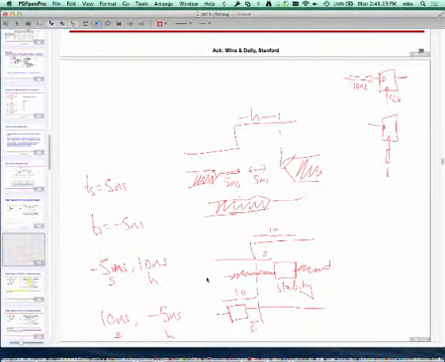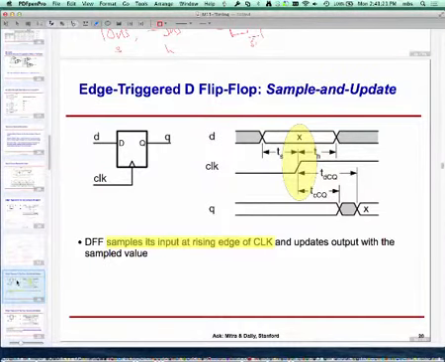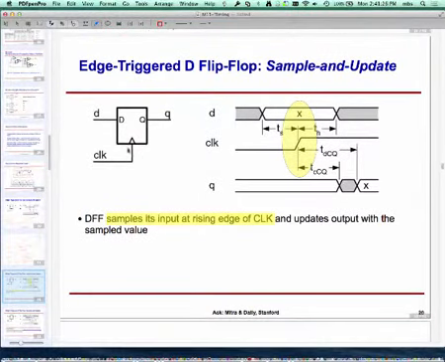Okay, so moving back to our time story then. So we have our flip-flop, and given the setup and hold time, and for now in this picture, setup and hold time are both positive. So what you really have is a window of stability.